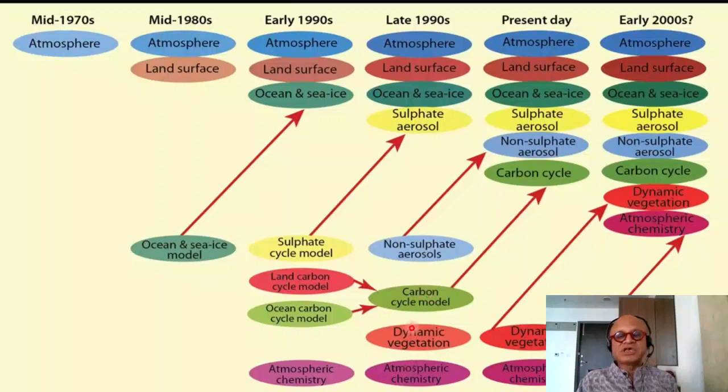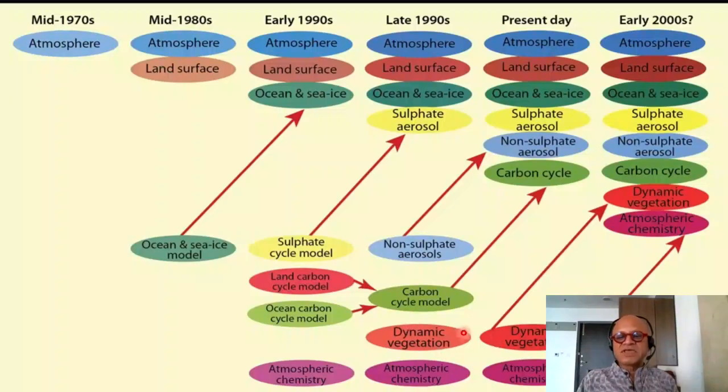Then dynamic vegetation models evolved, which means the vegetations were not just fixed in space and time. They began to respond to seasonality, to various levels of functional types, C3, C4, tropical forest, boreal forest, temperate forest, and so on. And various feedbacks began to happen also.